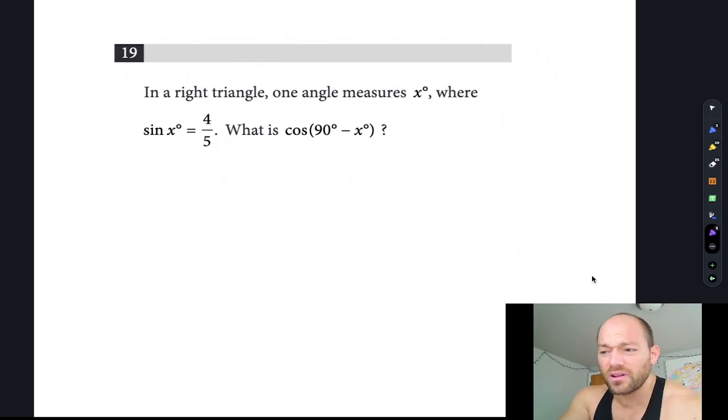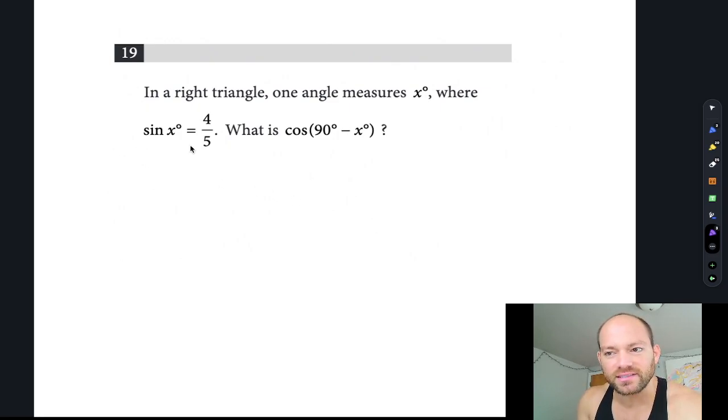Here's the one that started it all. In a right triangle, one angle measures x degrees, where sine x equals 4 over 5. What is cosine of 90 minus x? I'm just going to show you how we can derive this idea, but we all know what the answer is going to end up being, right?